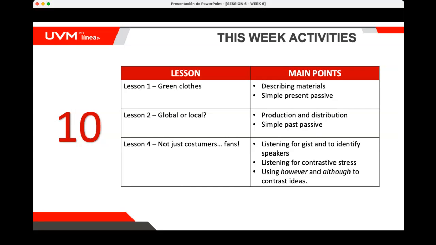And then in the writing section you learn how to use however and although to contrast ideas. However and although are similar to the simplest conjunction, which is but. They are not the same, but they have a similar meaning.